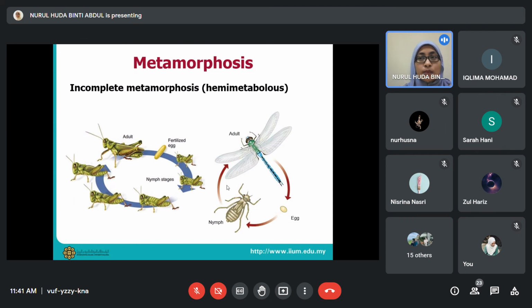There are certain parts yang a bit different lah, macam wings for example. In the first nymph you won't see any wing, and then later on the wing starts to develop, and maybe at the last stage or second last stage of the nymph you can see the small wing develop, and then later on become the adult, which has fully complete wings and other parts. Okay, so this is the incomplete metamorphosis.